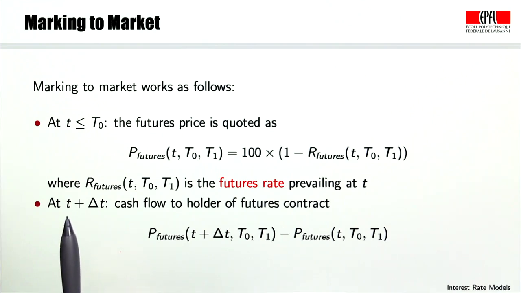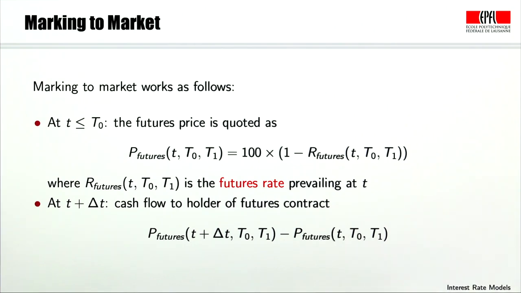The day after today, one determines the futures price, and the difference of the futures price on t plus delta t minus the futures price from yesterday is the cash flow to the holder of the futures contract.